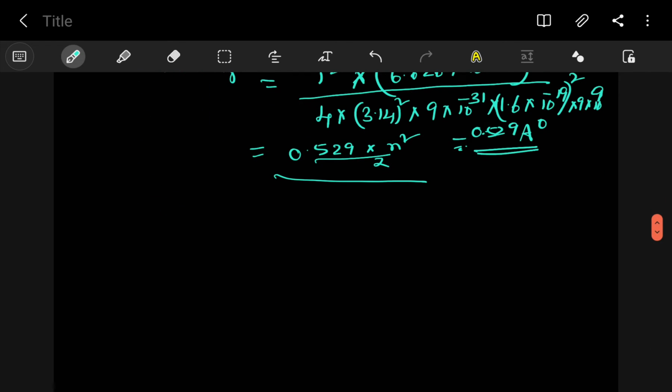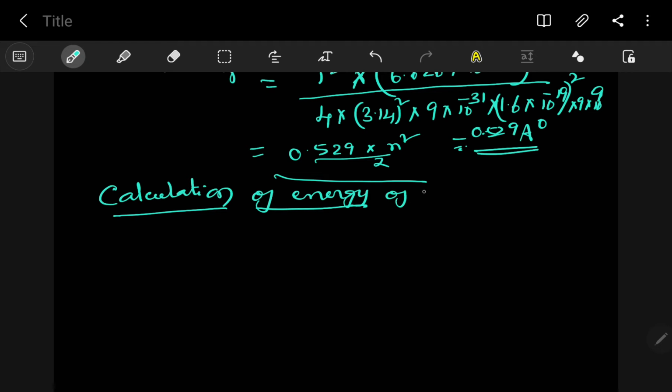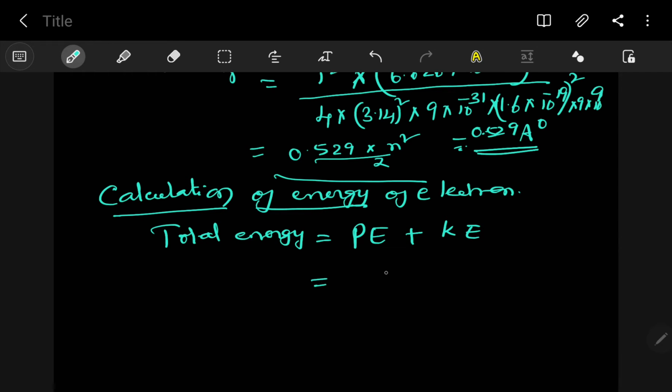Next we will go to the formula for the calculation of the energy of the electron. Here we are taking the total energy of the electron. What is the total energy of the electron? We know it is the sum of the potential energy as well as the kinetic energy. The formula for the potential energy is minus k z e square by r.